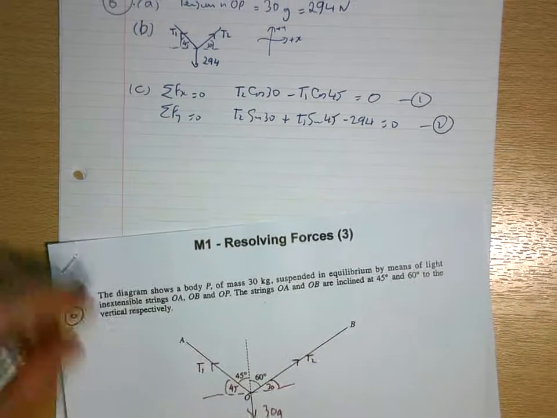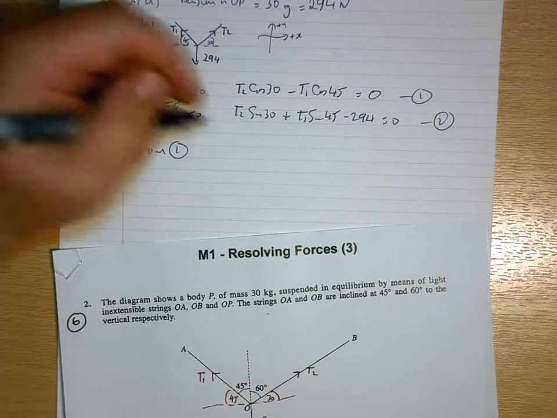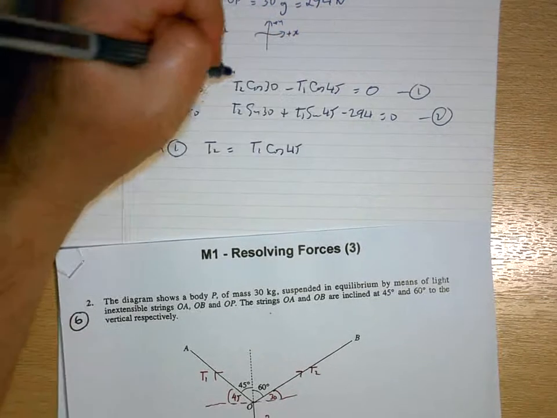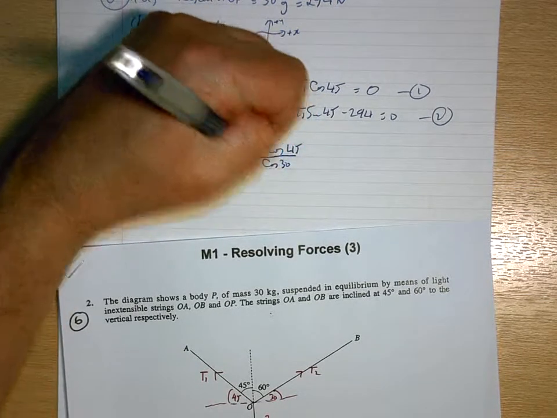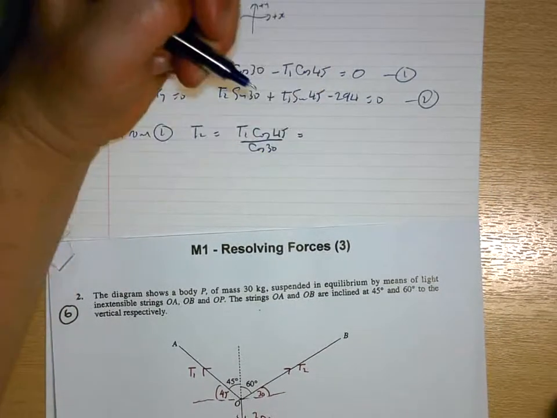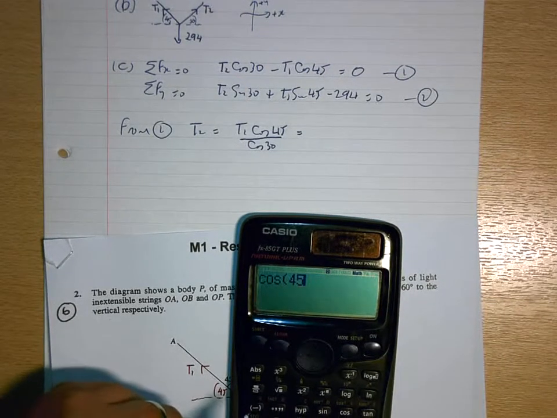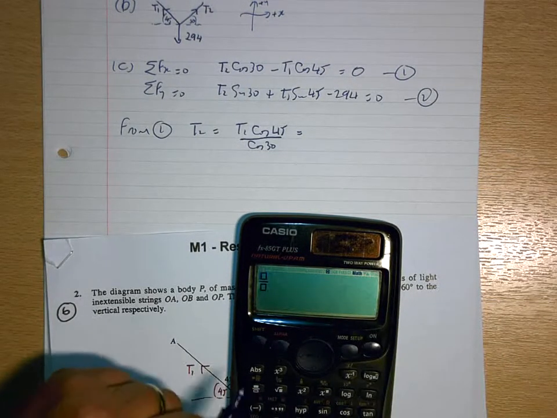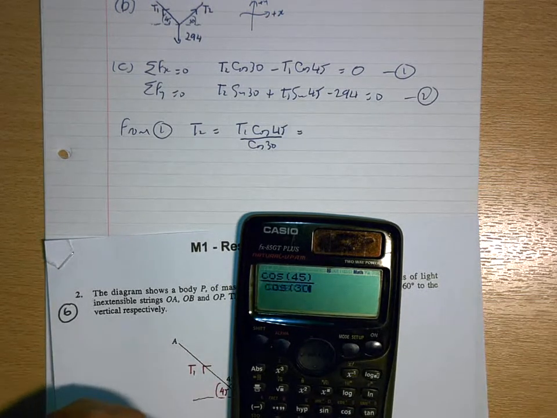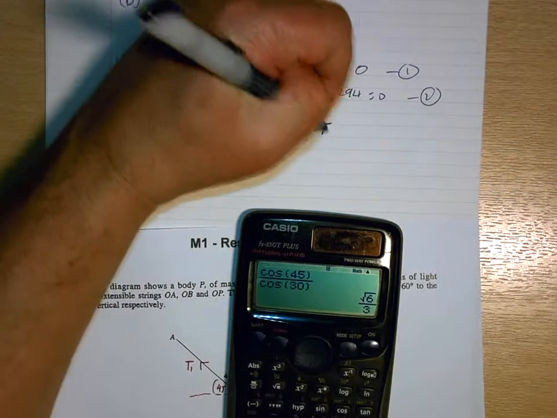So from 1, T2 would be T1 cos 45 over cos 30. Divide by cos 30. That equals cos 45 over cos 30 equals root 6 over 3.